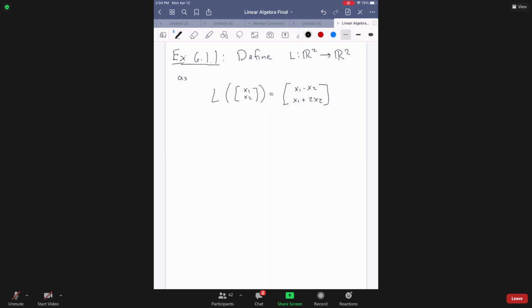Okay, so this is the rule we assign. So let's just say find the image of the vector v equals -1, 2.